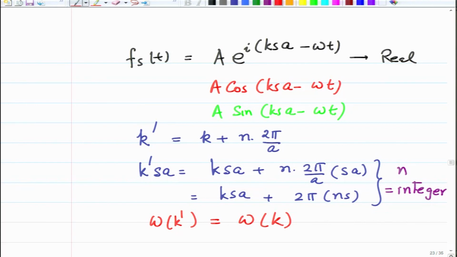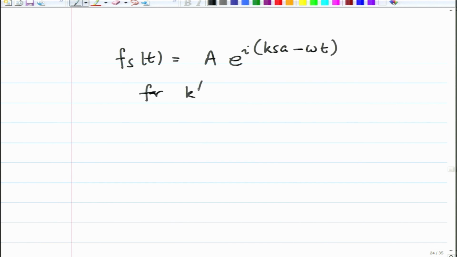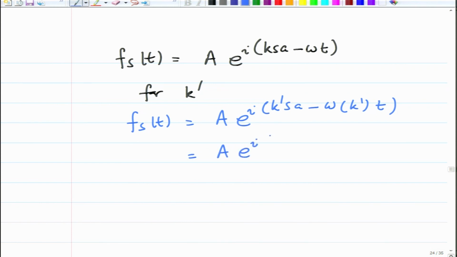Therefore, the displacement f s t, which was given as some amplitude A e raised to i k s a minus omega t, for k prime is going to be A e raised to i k prime s a minus omega of k prime t, which is equal to A e raised to i k s a minus omega t times e raised to i 2 pi n s.